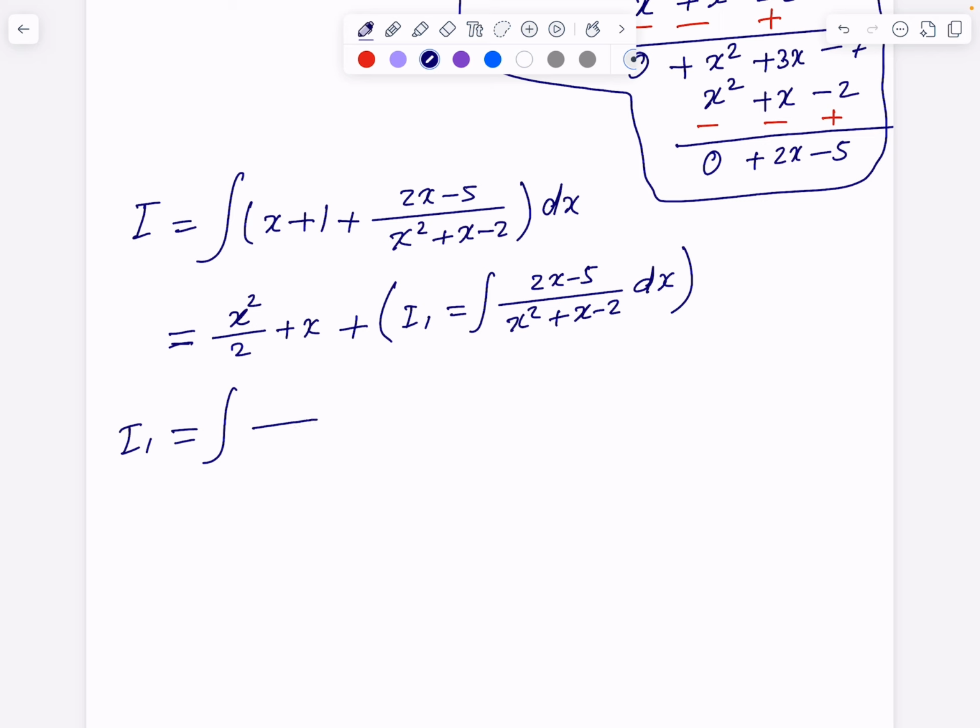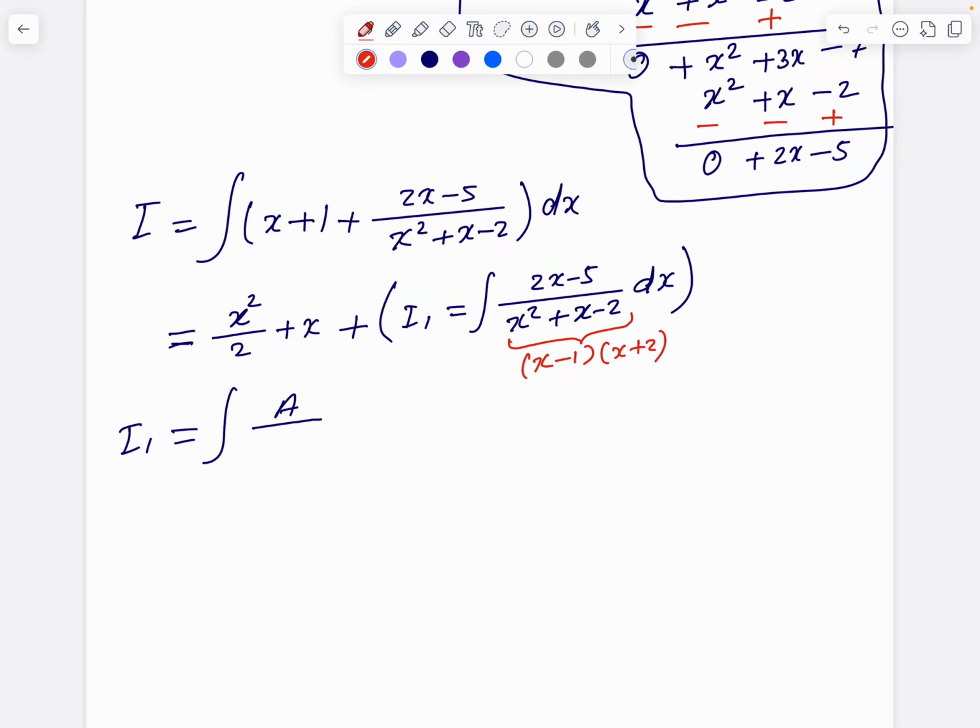Which is the integral of, before this one, let me just say that the denominator equals x minus 1 and x plus 2.